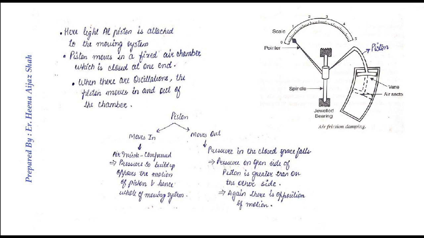Now, what happens when the piston moves out? The pressure will decrease in the air chamber, so the pressure on the open side of the piston will be greater than on the other side. Again, there will be opposition of motion. By this opposition of motion, it is able to damp the oscillations.